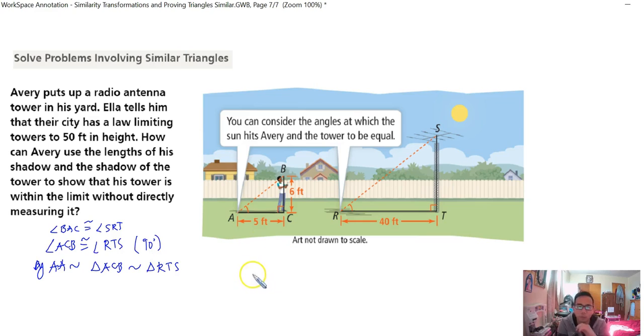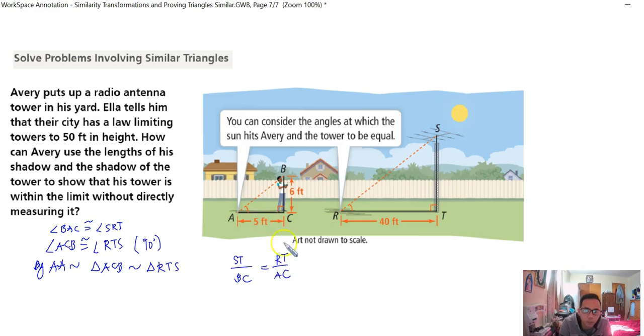So we have ST corresponds to BC, and RT corresponds to AC.